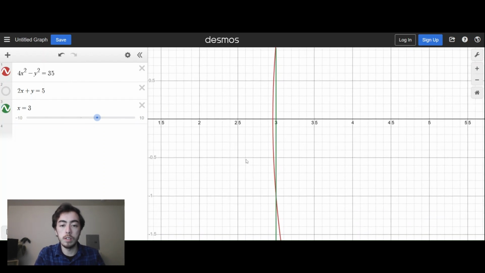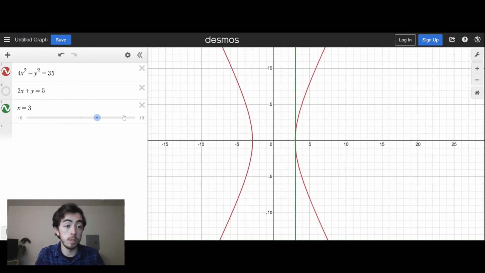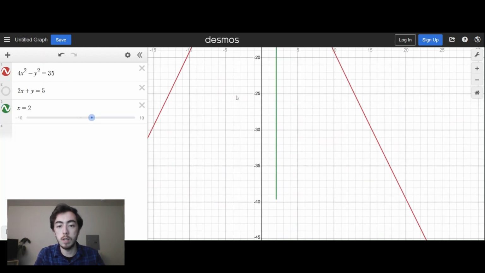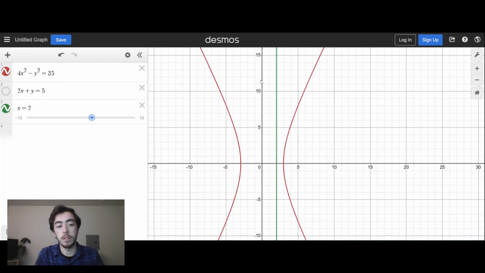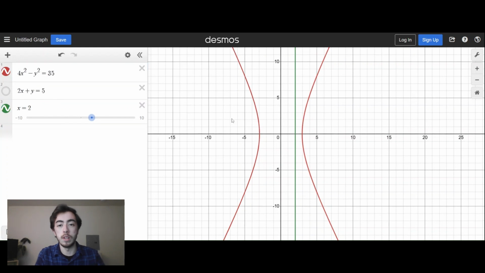Though there are these niche scenarios where you might have 1 or 0 solutions. So if I bring in my x a little bit more, this would be a 0 solutions example, just because there's no intersections on the graph. Also, if you tried to plug in this 2 right here, you'd get a weird result and you wouldn't be able to solve for y. And that's another way to figure out how many solutions you have, is to do the algebra for it, which is kind of what we did a few minutes ago.